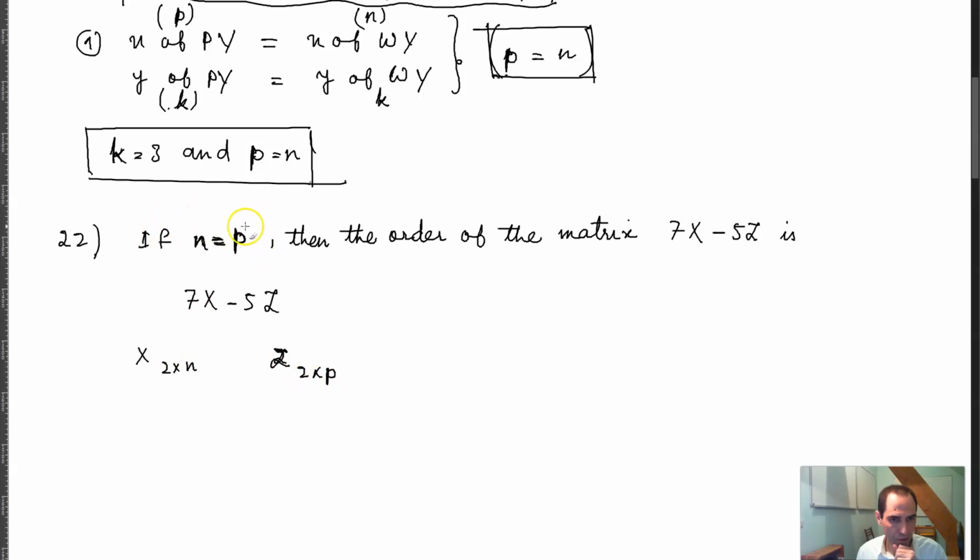And n is already equal to p. That means that the order of this matrix would be 2 by n, or you could say 2 by p, because n and p are the same values. 2 by n or 2 by p, which is choice B, is the correct answer.